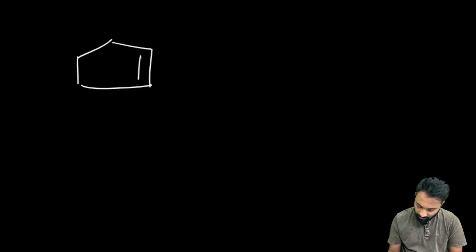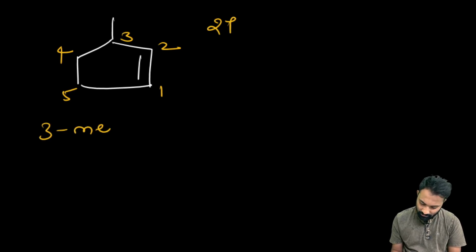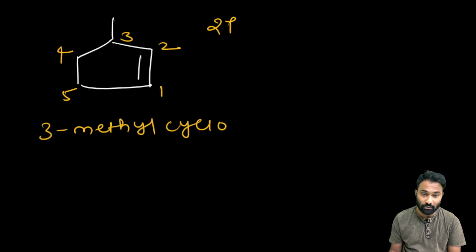Now to write the IUPAC name of this compound, this is 1, this is 2, this is 3, this is 4 and this is 5. First we have to give the substituent, the 2 degree prefix. In which position is it? The third position, that is 3-methyl. Then cyclo.